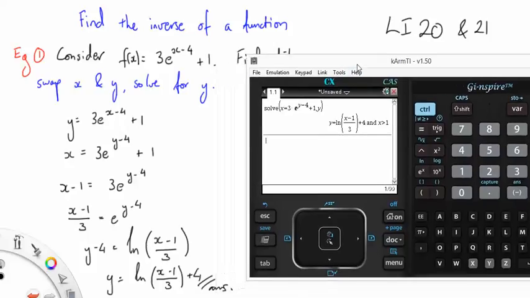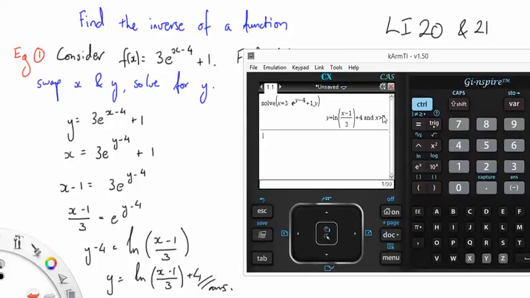Gives us the same answer. Notice that it has a little domain restriction there, and that's really good that it's put that in, because x has to be greater than 1, because you can't have the natural log of a negative number. So your calculator's done a good thing there. So to be more formal, we'll put that in. But I just wanted to show you the technique.